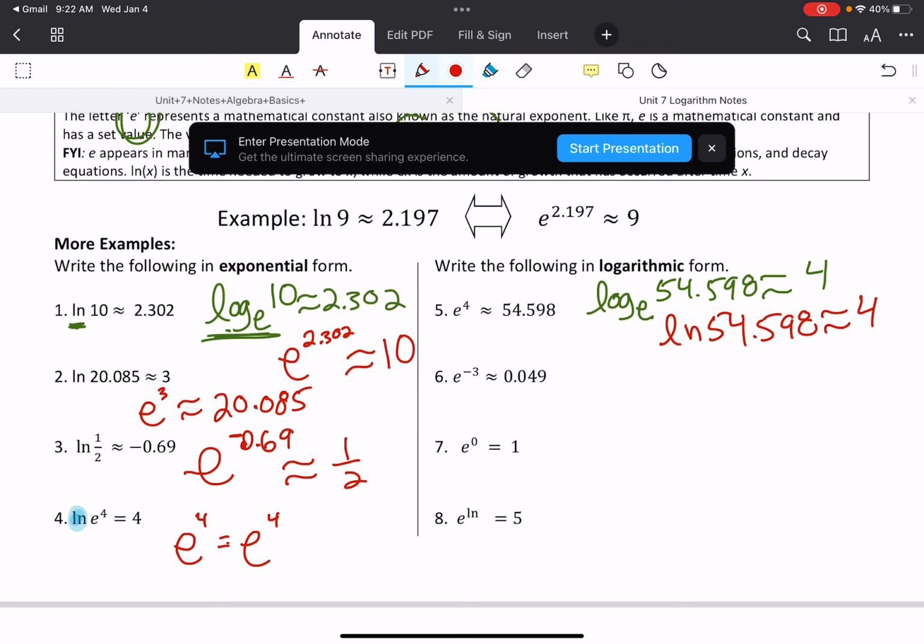Log base E is ln. ln of 0.049 is about -3. ln of 1 is 0. And 8 doesn't have anything written in the log, so it doesn't make any sense.